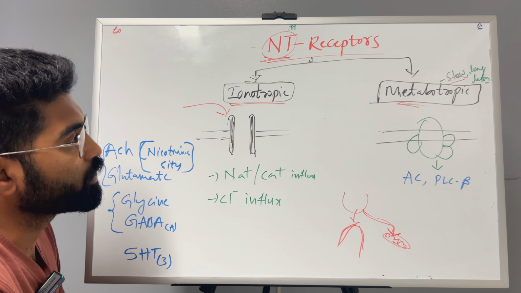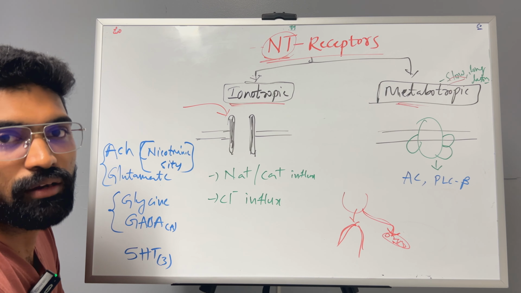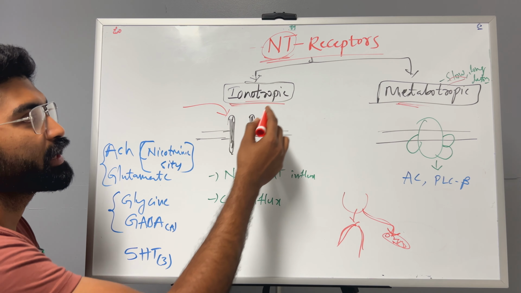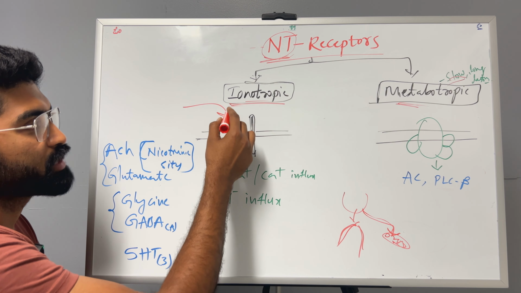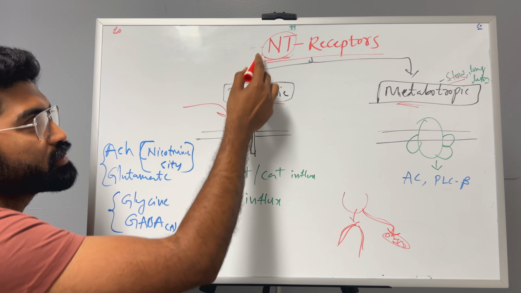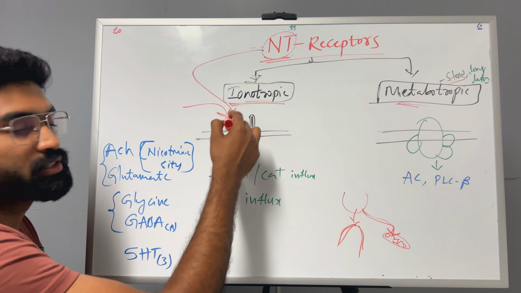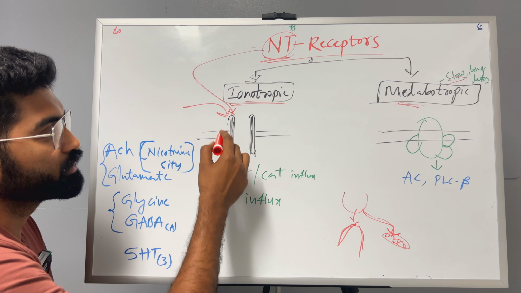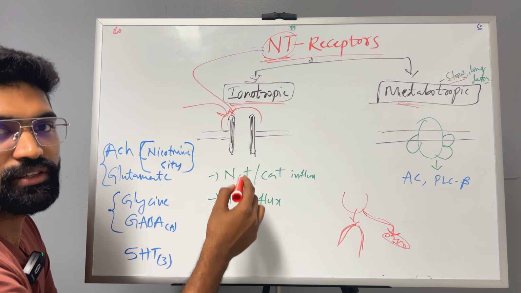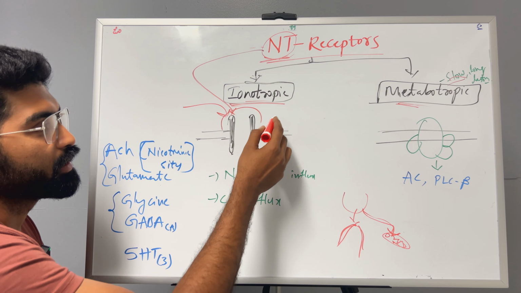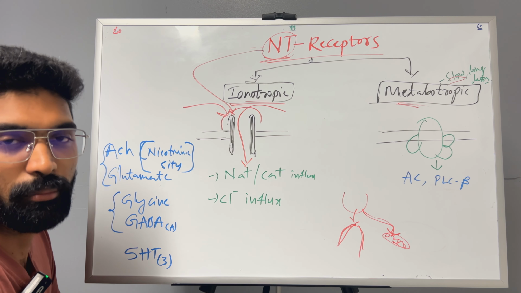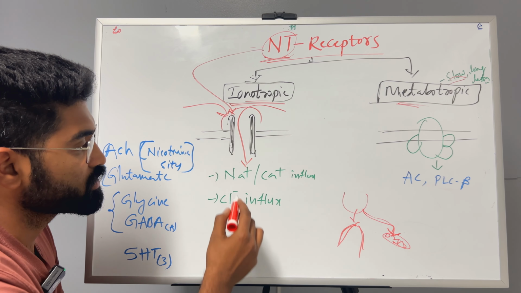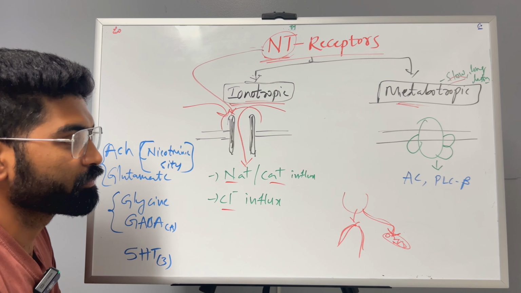So if you see the ionotropic receptors, these are mainly ligand-gated ion channels. So what is meant by an ion channel? Once the neurotransmitter comes and binds to this receptor, there will be some conformational changes in the receptor, and it will allow the influx of some ions such as sodium, calcium and chloride.